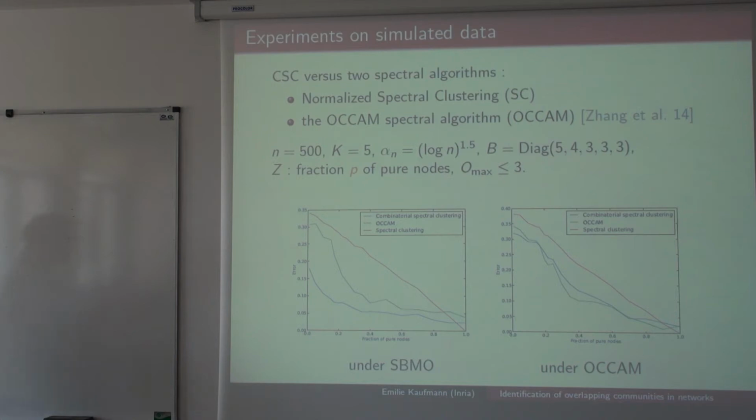And we see that, of the 3 algorithms, spectral clustering has the smallest error, especially when the overlap grows large. And as expected, spectral clustering performs quite badly, except when the overlap is small.